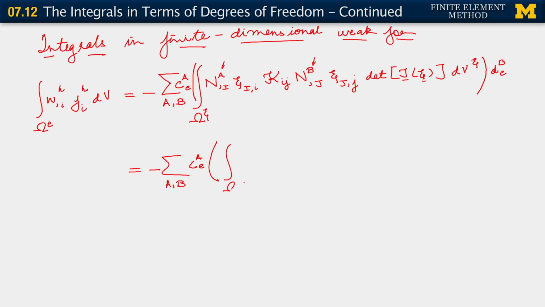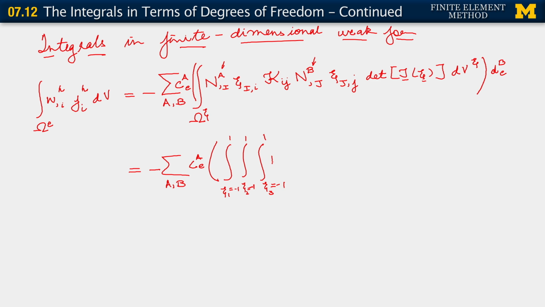Sorry, integral over omega xi is the one thing that I wanted to make a difference with the way I wrote. So this is now a triple integral, where xi 1 equals minus 1 to 1, xi 2 equals minus 1 to 1, and xi 3 also equals minus 1 to 1.